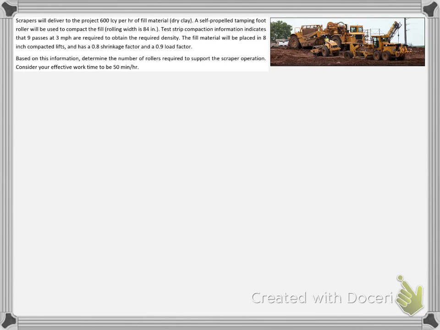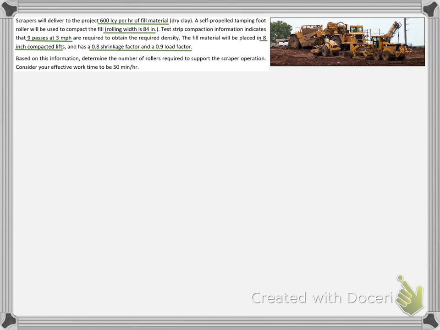In this exercise, we'll practice the calculations needed to estimate the compaction productivity and how to match it with a hauling operation. The soil is hauled by scrapers at a 600 loose cubic yards per hour rate.